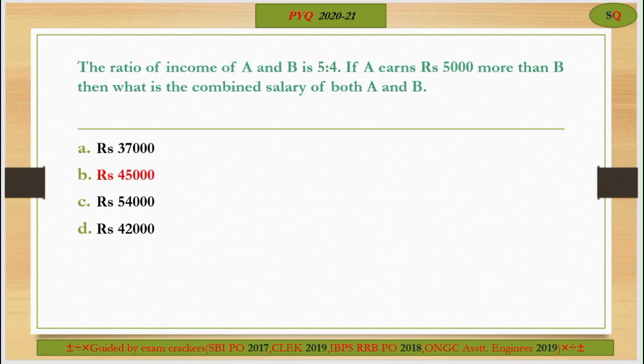So the income of A and B in ratio is 5:4. Now mind the question. Here it is said A earns 5,000 rupees more than B. So we have to deduct, 5 minus 4 equals 1. This 1 is equivalent to 5,000.